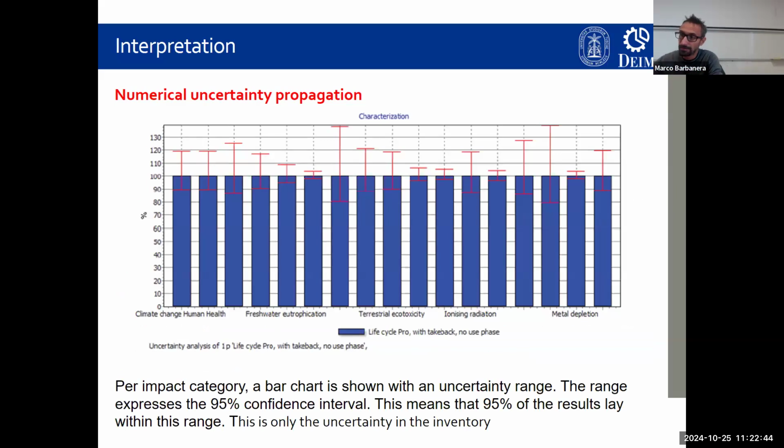For example, you can calculate from the software, for each impact category, as in this figure, the typical range of variation of the environmental indicator for this impact category, shown with this red bar.